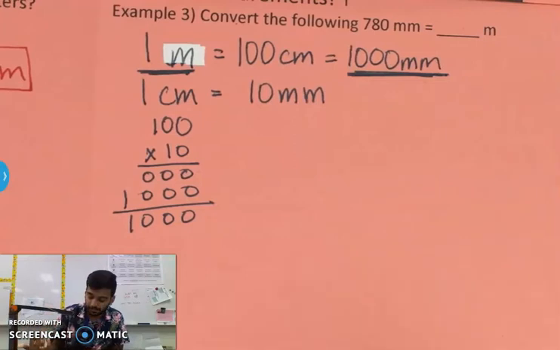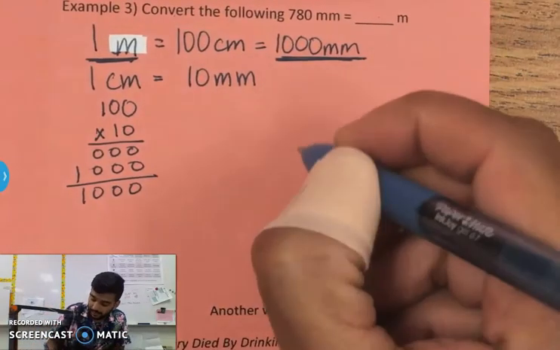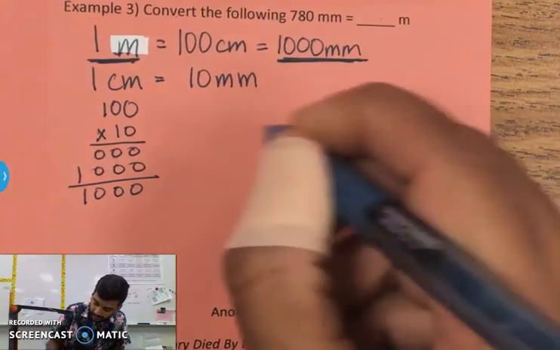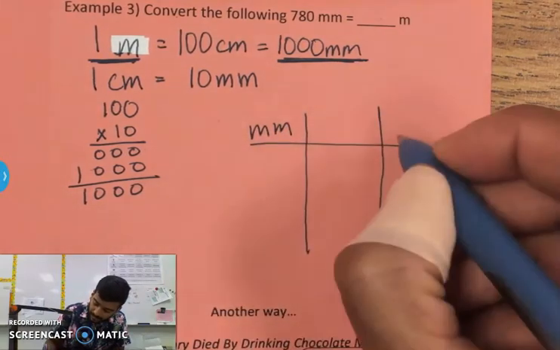It's up to you. I like for measurement to do the double T chart. Again, totally up to you. We're going from millimeters to meters.